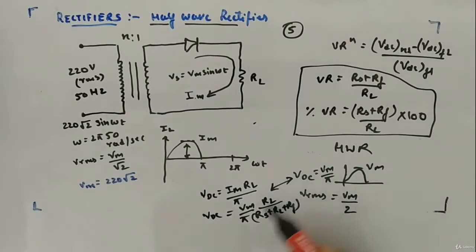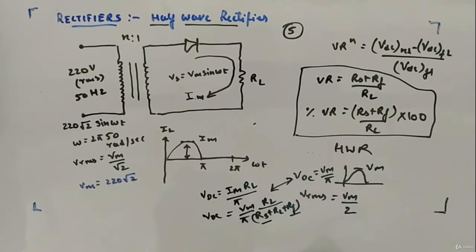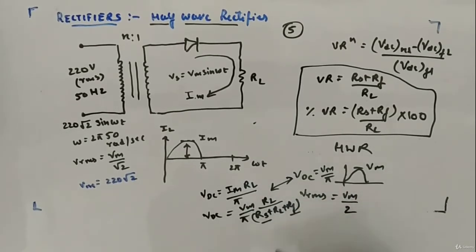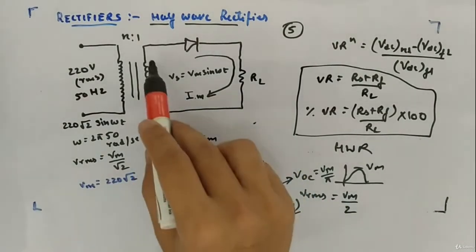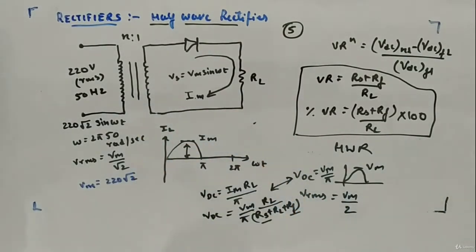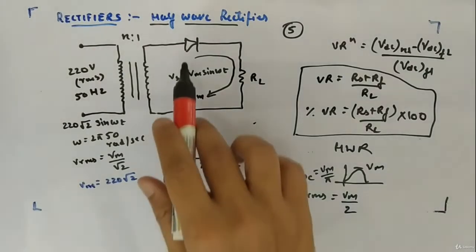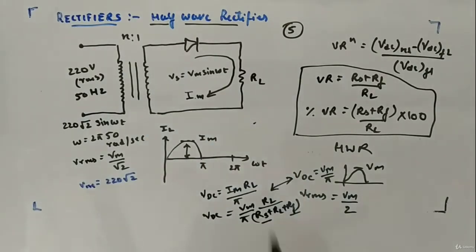That's why the difference in the expression comes. If you ignore these, RS and RF equal to 0, RL will cancel, and you get Vm by pi. During that time I considered an ideal transformer and ideal diode, and that's the reason for this difference.